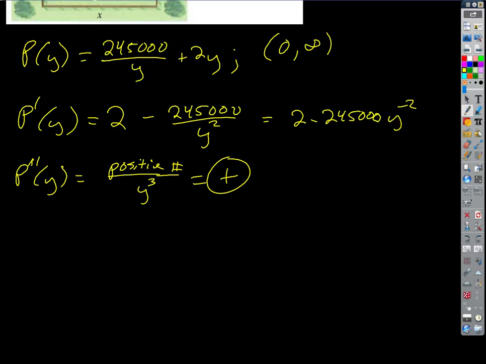Oh, and then, because we didn't find critical numbers, did we? So p prime equals 0 when what's true? When, I guess when that equals 2, right? So let's write that down.